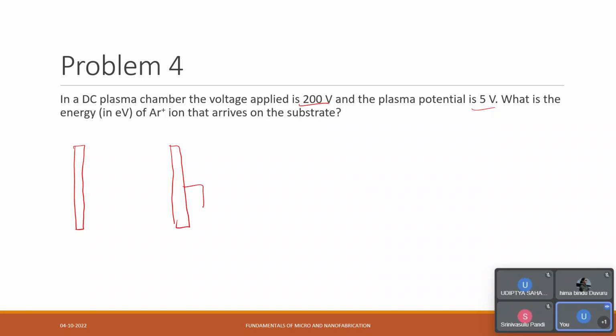So one of them is grounded, and the other one is at a biased voltage. Yeah. So this is ground, and at this place we have plasma. Okay.